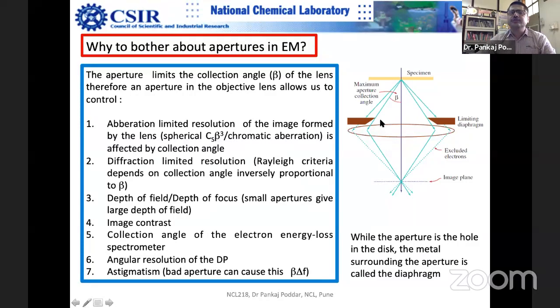So you can control how many electrons will be allowed through this limiting aperture. You can see that these dotted rays are excluded. They don't reach here. So unwanted electrons are stopped by this diaphragm. Essentially the material has to be metallic because you do not want accumulation of electrons, right?